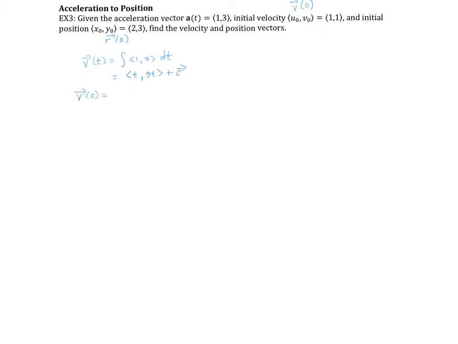So the initial velocity is the vector ⟨1, 1⟩. Which means that at t equal to 0, which gives us the vector ⟨0, 0⟩, plus c, we know that has to equal the vector ⟨1, 1⟩. Which tells me that my constant vector c is equal to the vector ⟨1, 1⟩.